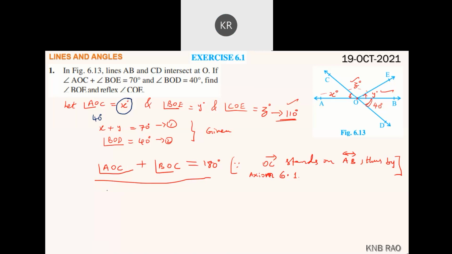This is also correct. Angle BOC is Z plus Y, which is 180, where X plus Y is 70, plus Z is equal to 180. So this is another way of approaching.